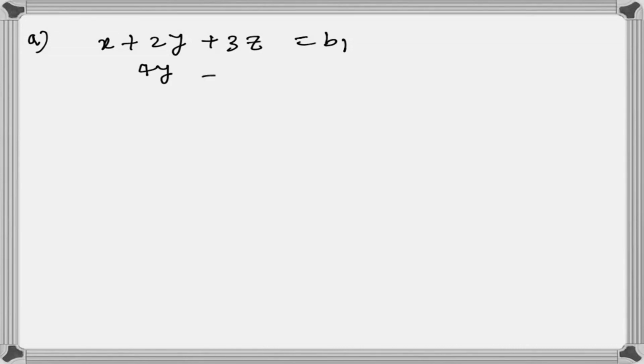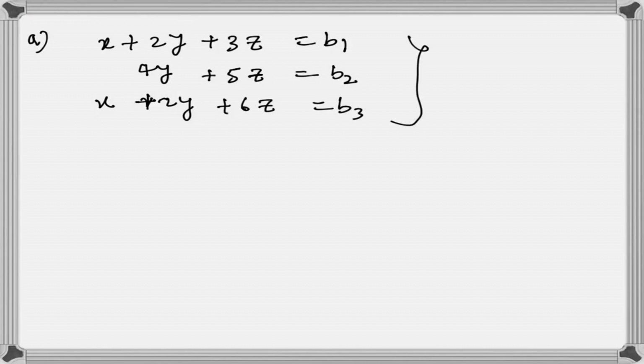4y plus 5z is equal to B2, and x plus 2y plus 6z is equal to b3. So let's call it system 1.